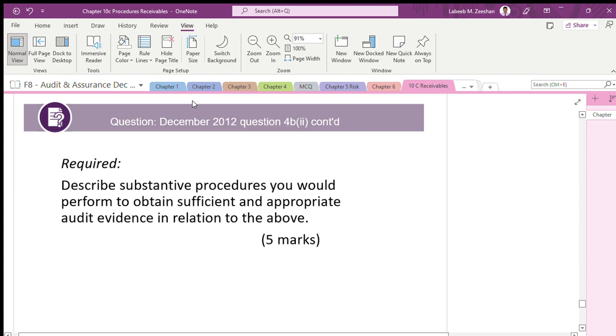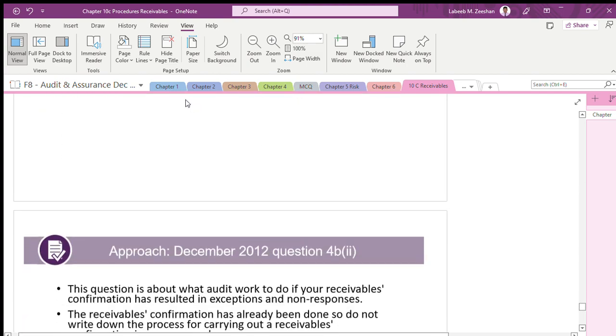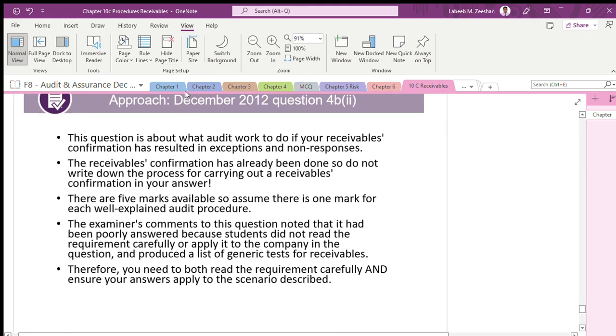Describe the substantive procedures. 5 marks, 5 points. The question is about what audit work to do if your receivables confirmation has resulted in exceptions and non-response. Confirmation is already done, so do not write down the process of carrying out the confirmation.